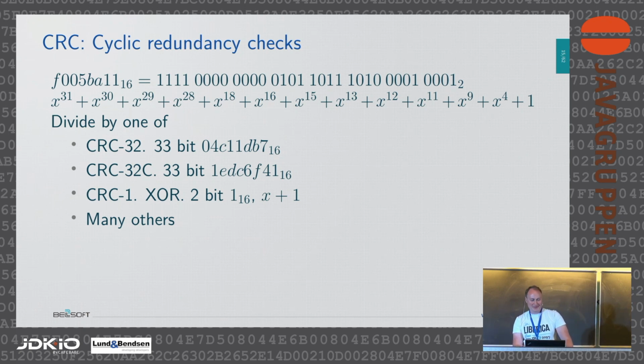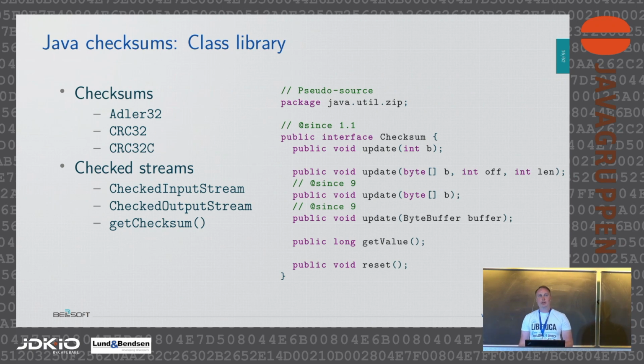Okay, probably that's the most complex math here. Not too complex. Okay, so going back to Java, what do we have there? In Java, we have quite a simple interface for calculating checksums. So you can write your own implementation. And three standard checksums are implemented: Adler32, CRC32, and CRC32C.